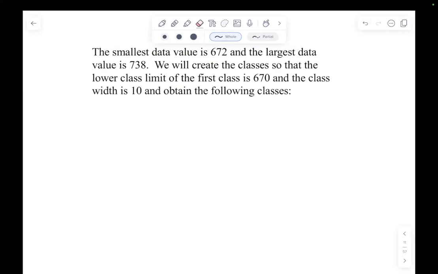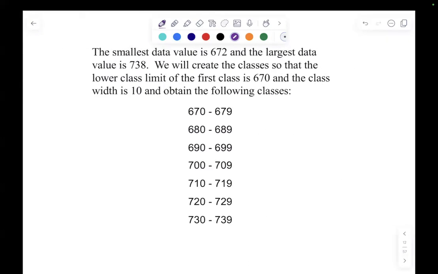So I'm going to choose 670 for my lower class limit of my smallest bin because I want a pretty number. You don't have to use a pretty number. You totally could start at 672, but I almost always will choose a nice pretty number because I like things pretty.